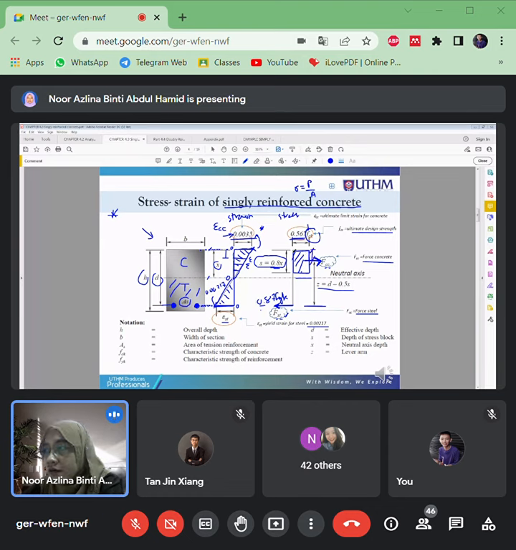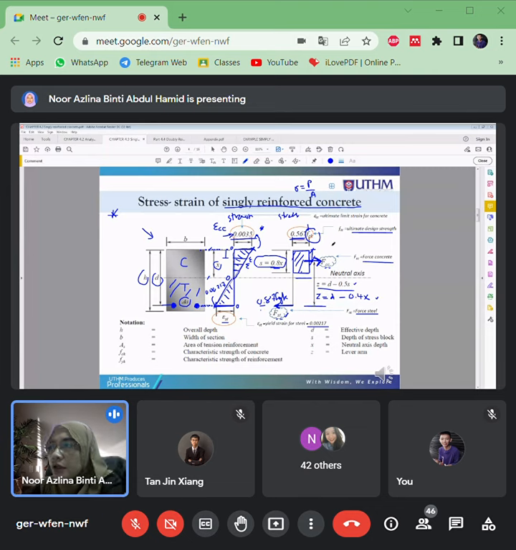This is S, that means half of it is 0.5S. Ataupun you boleh juga buat Z equals D minus 0.4X. Sama juga kan? Ni X kan? You have to minus half of it, 0.4x, ataupun either one lah. Yang penting this Z is from this arrow to the steel level. Okay.